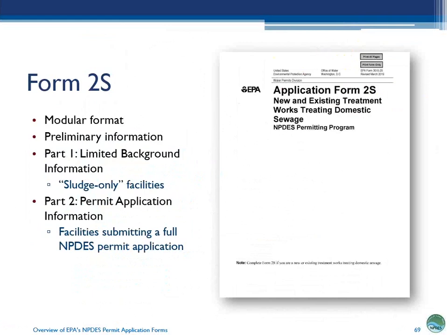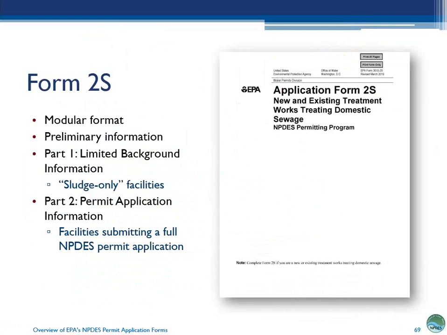Form 2S is presented in a modular format, enabling information collection to be tailored to a facility's sewage sludge generation, treatment, use, or disposal practices. The form consists of 2 main sections, limited background information and permit application information, and a preliminary information section that directs the applicant to complete either of the 2 main sections.